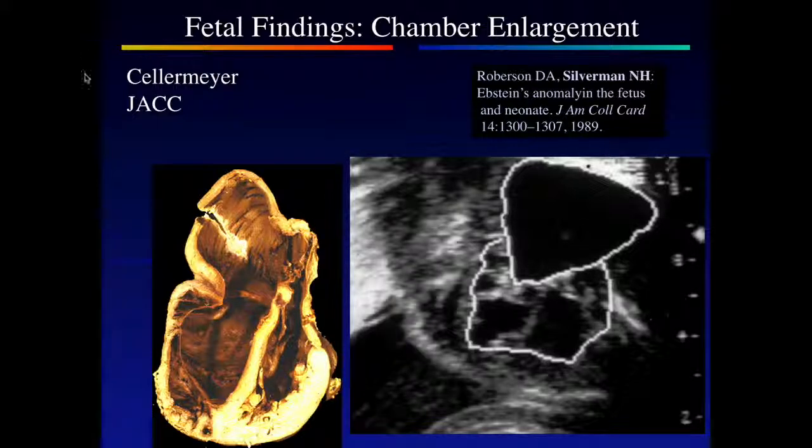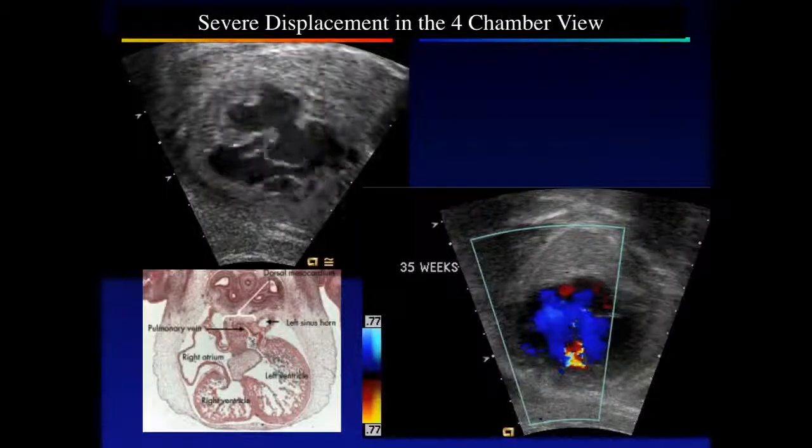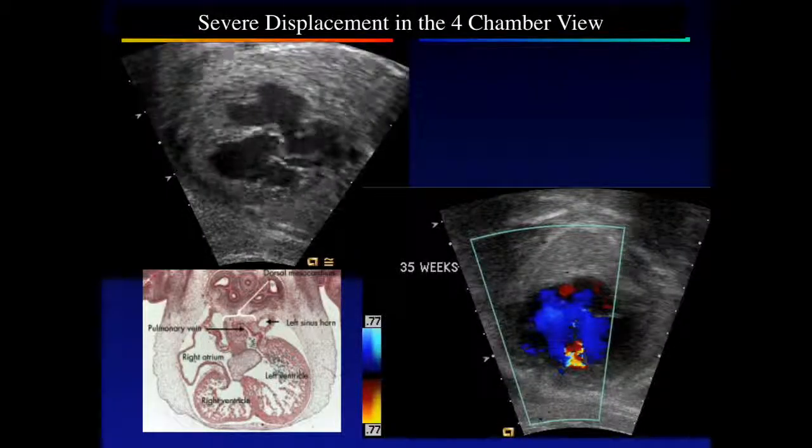Dr. David Sellermeyer, actually I found out is a relative of mine living in Australia, but working at that time in London with Dr. John Dinfield, developed a ratio of indexes of this particular ratio of the atrialized right ventricle and the atrium against the rest of the cardiac chambers in a 4-chamber view. Okay, and we'll come to that in a moment.